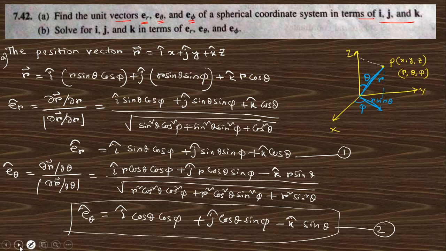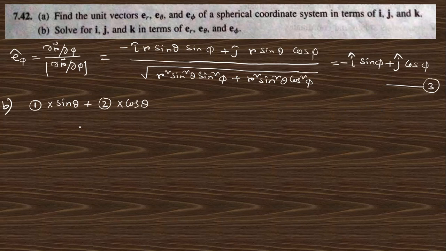So you will get E r cap sin theta plus E theta cap cos theta equal to I cap.